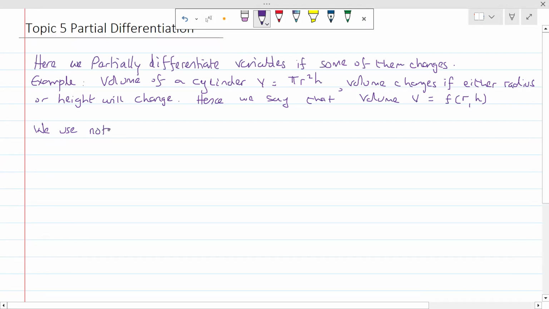We use the curly notation, it is like this, to find partial derivatives.